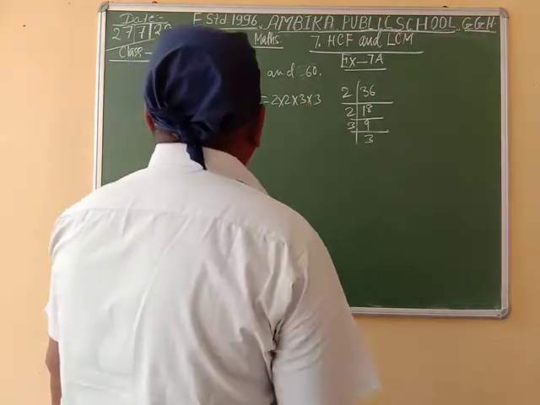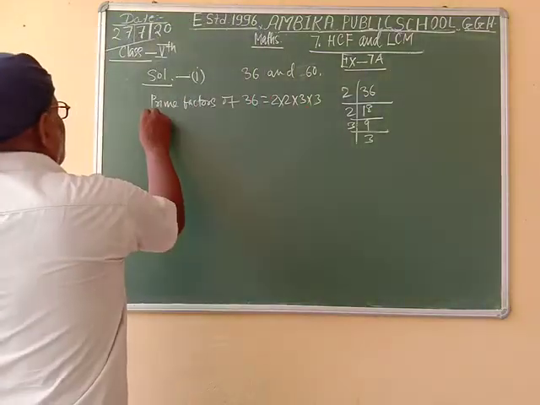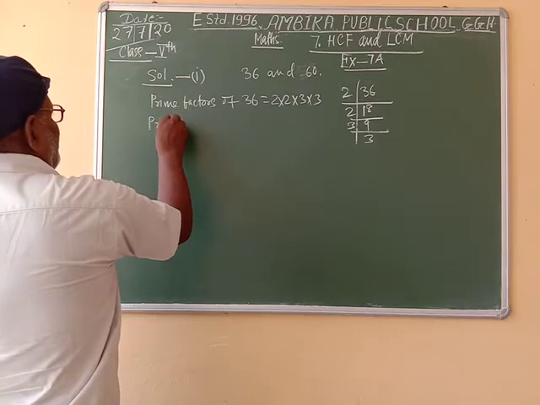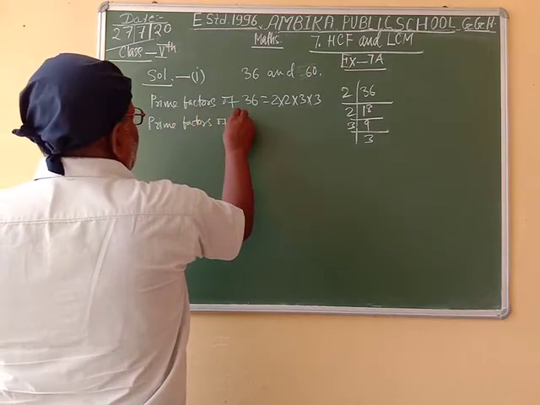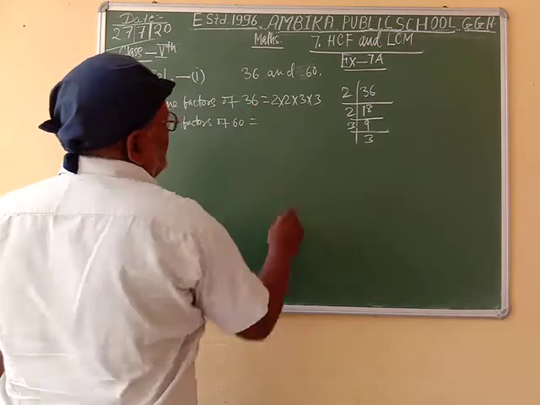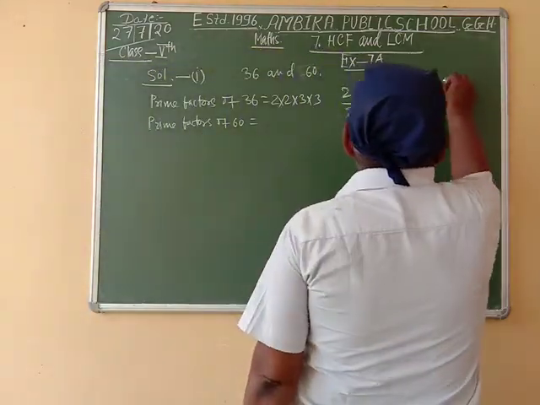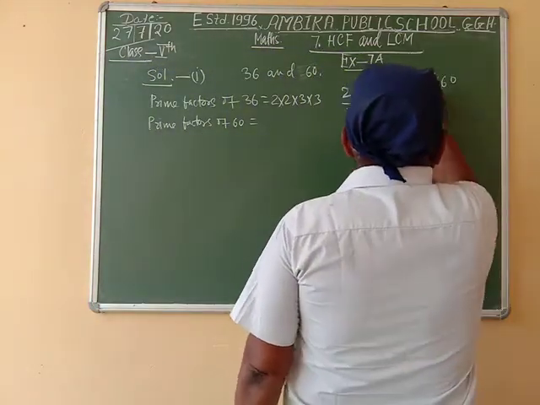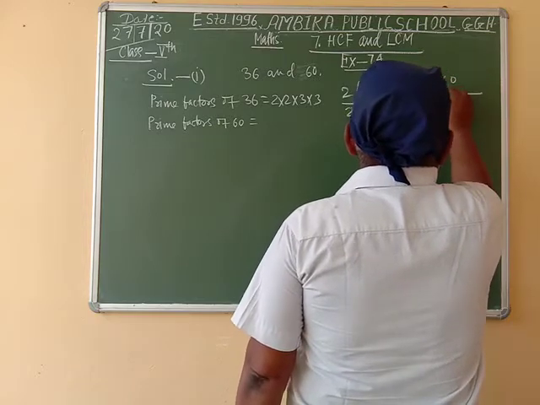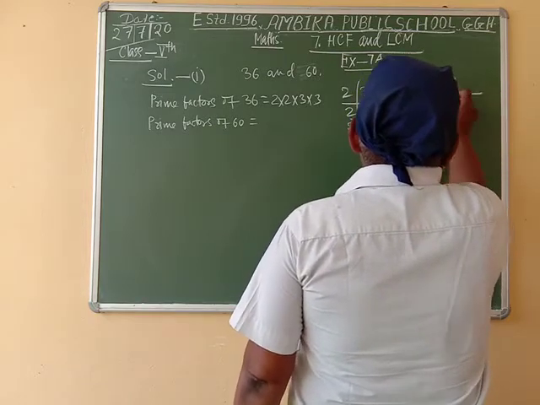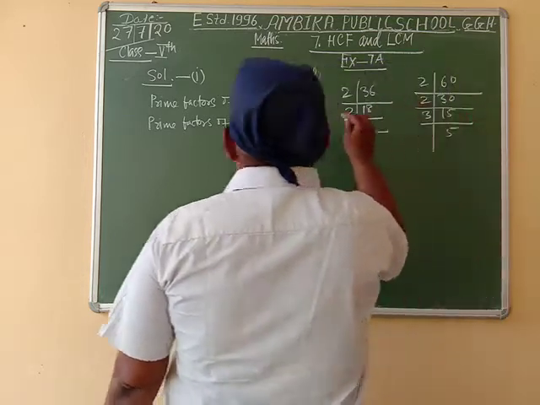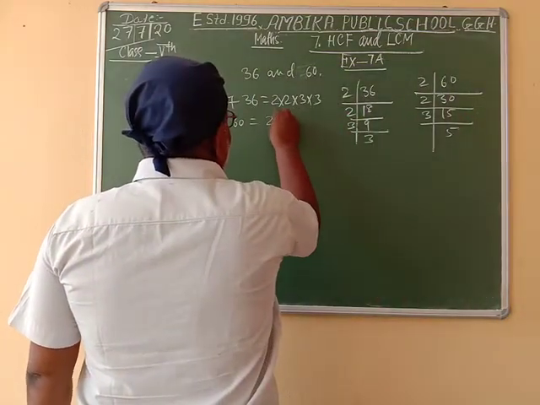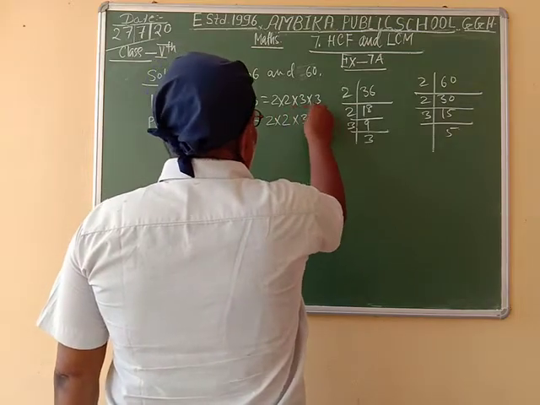Similarly, prime factors of 60: 60, 30, 15, 5, which is 2 into 2 into 3 into 5.